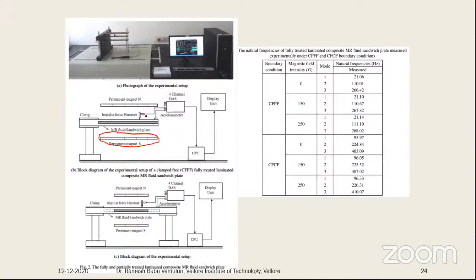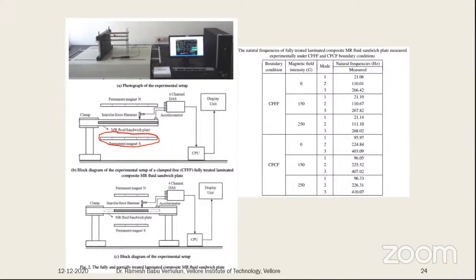Once you apply a force, you take the reading of the accelerometer, the analog signal, and the analog signal will be communicated to the CPU. These analog signals will be converted to digital signals by software called DV software, which has been installed here.